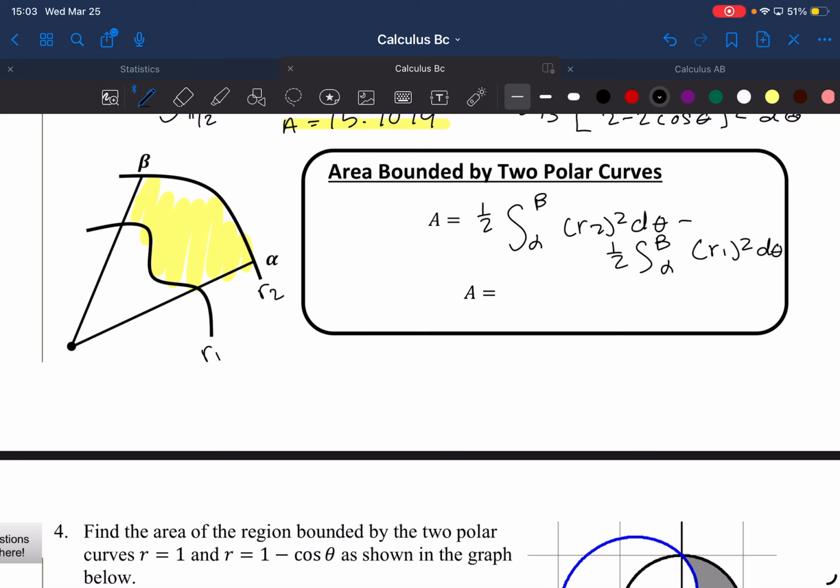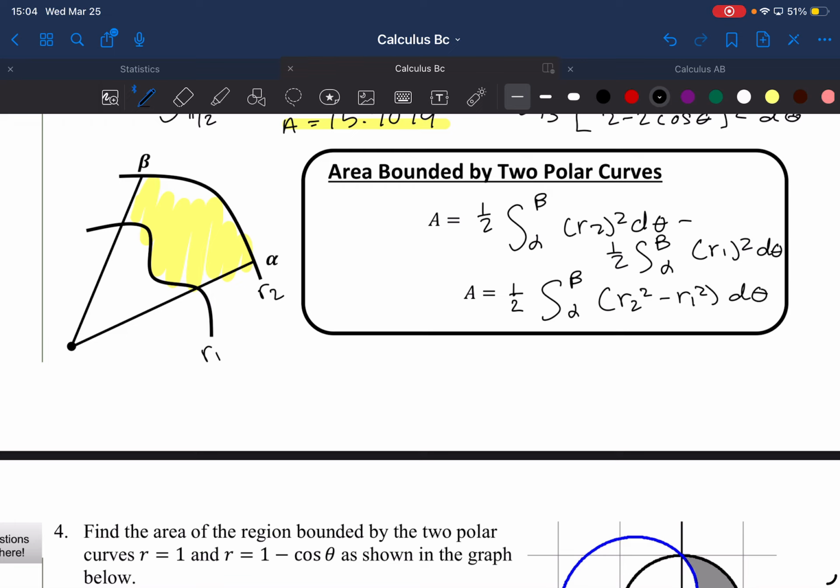Okay, because we're going to be looking at subtracting the 2 areas, so we only have the part that's left over. Okay, just like before, we always use those same bounds. So because they are the same bounds, I can combine this into one integral, and this can be written as 1/2 integral alpha to beta of R2 squared minus R1 squared d theta.